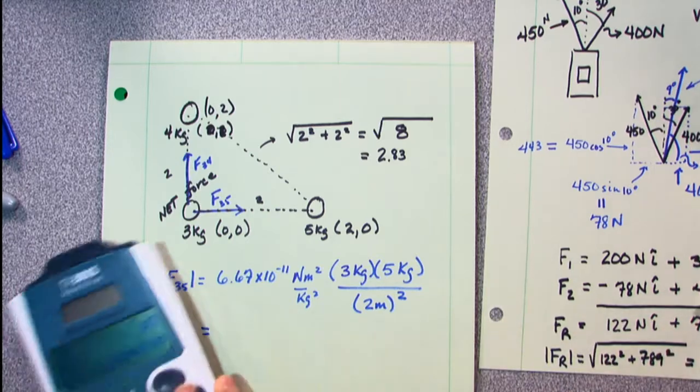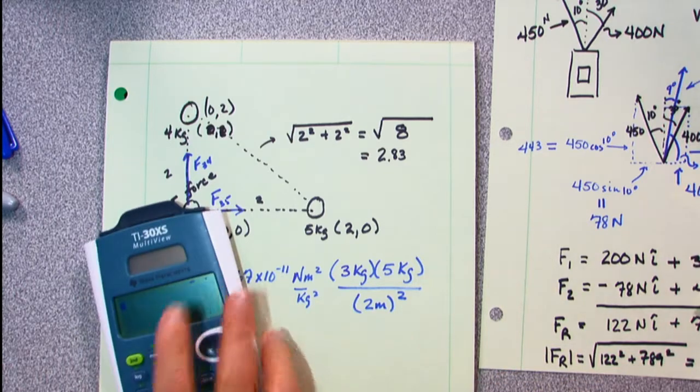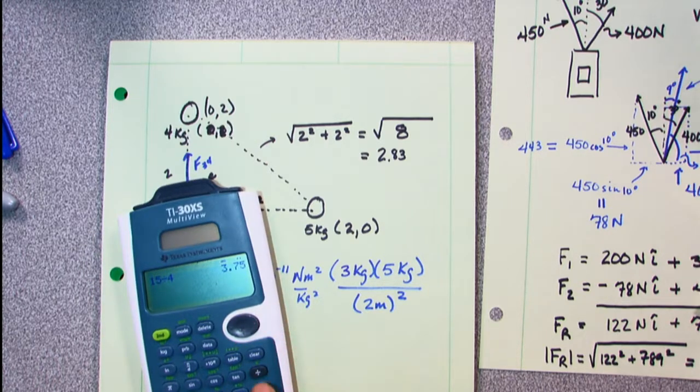So now I'm going to plug this into my calculator. I do the simple stuff first and then multiply by the heavy stuff. So I'm going to do 3 times 5 is 15. 2 squared is 4. So I got 3.75. Now I'm going to multiply it by my 6.67.